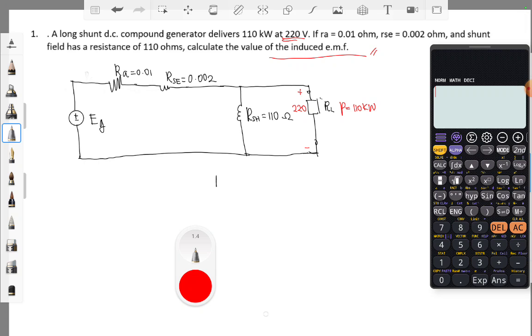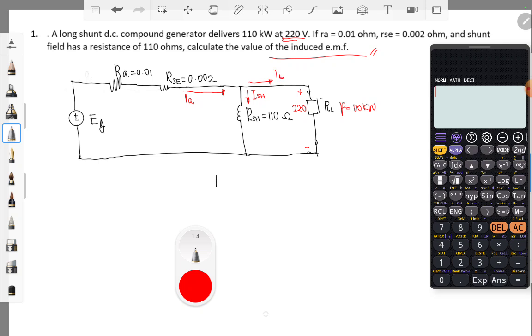First things first is of course to know our IA, our ISH, and our IL.